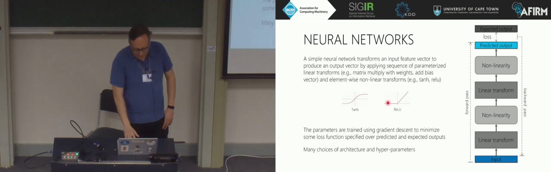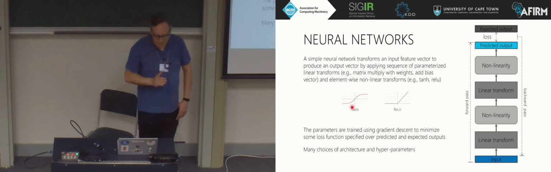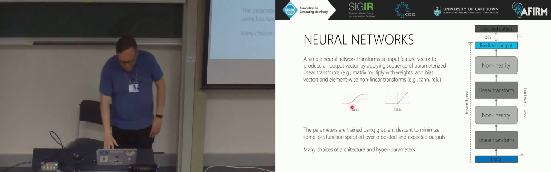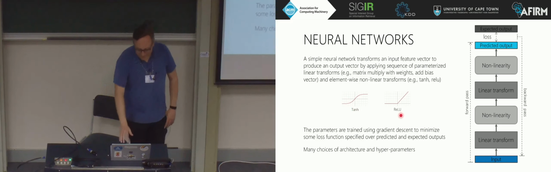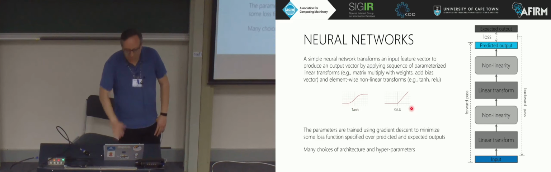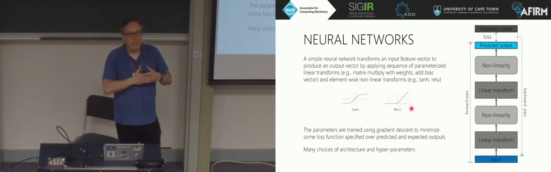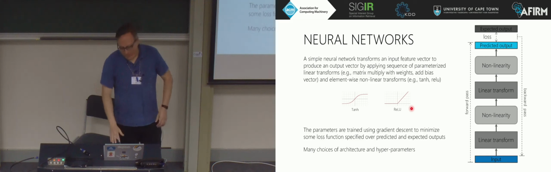And so, for example, a nonlinearity could be something like you take the input and you apply a tanh function, which looks like this, or you apply a function called a ReLU, which looks like this. But it's basically some function that takes, let's say you've got a vector, and you want to just do something to it to make it nonlinear so that the model can learn something more interesting.